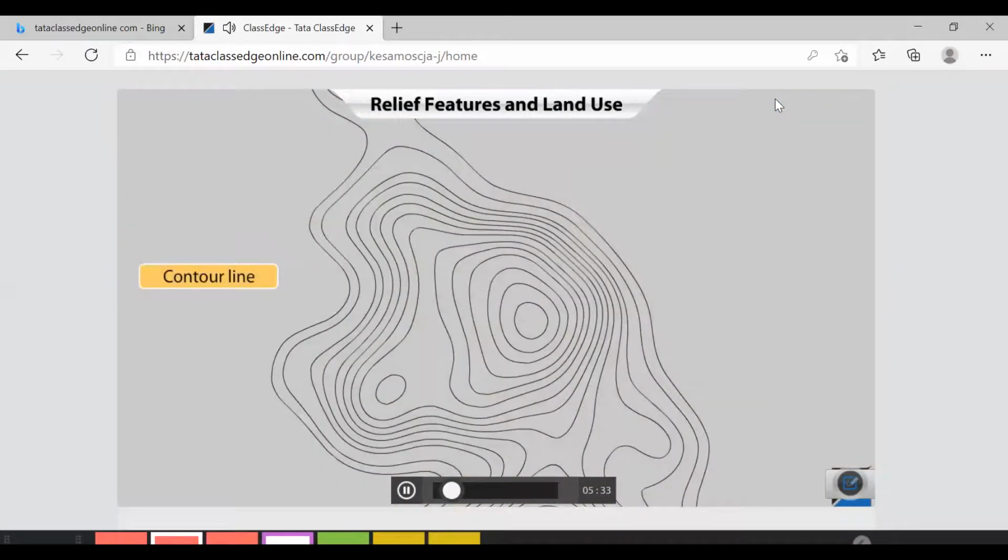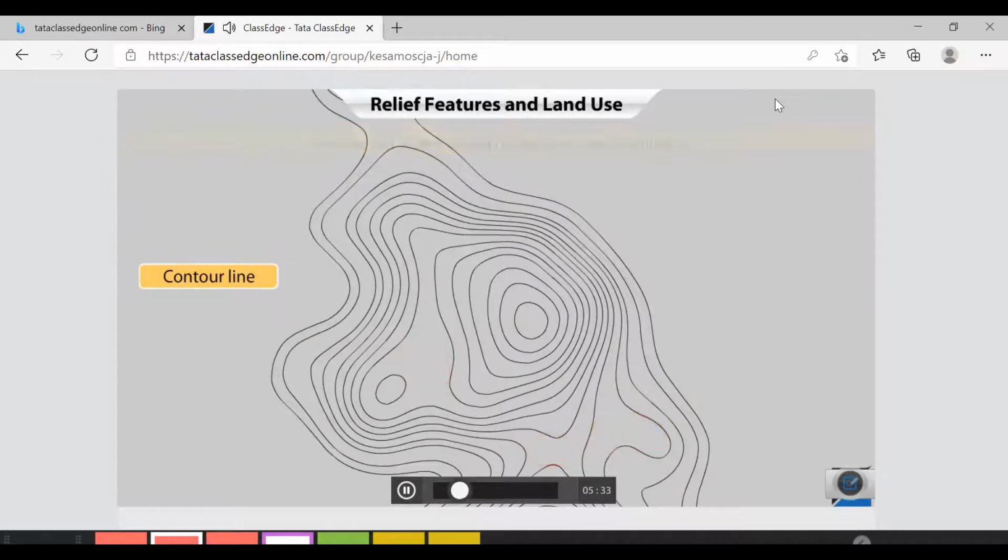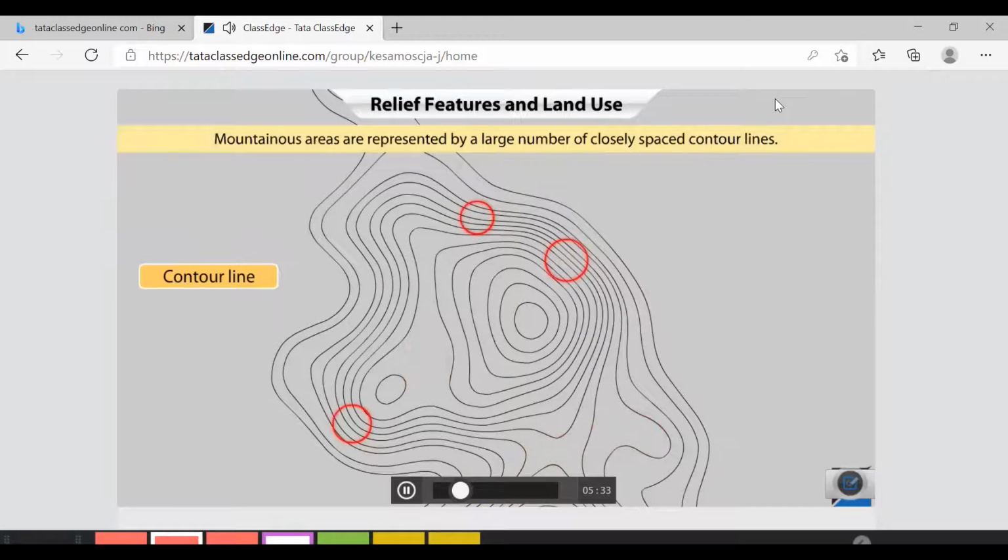In a topographical map, the relief features are indicated by the contour lines. For example, if there are very few and widely spaced contour lines, it indicates that the region is a plain. In such regions, you may also observe that rivers follow a meandering path. On the other hand, mountainous areas are represented by a large number of closely spaced contour lines.